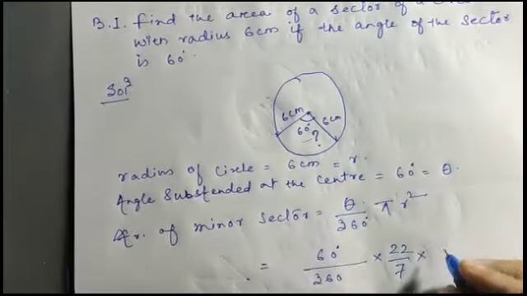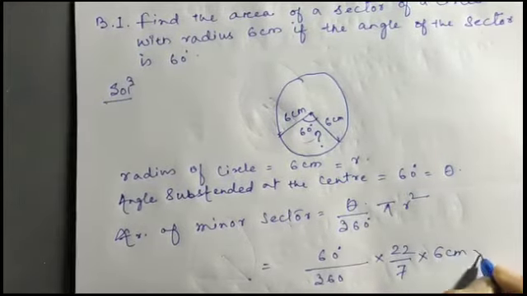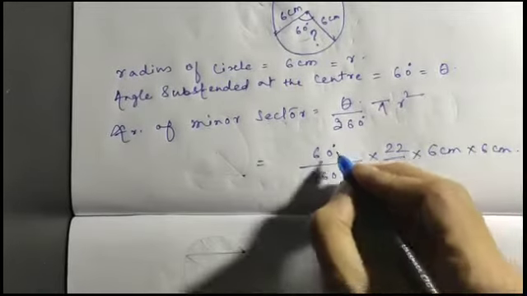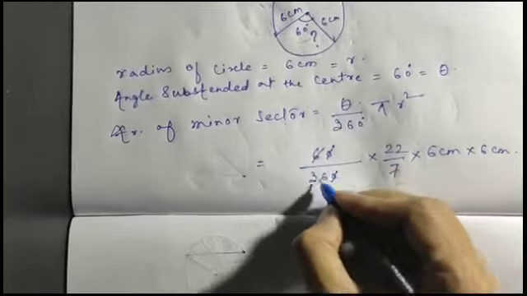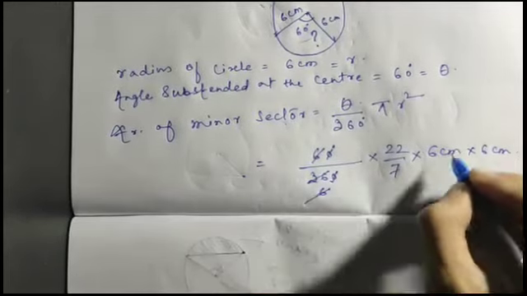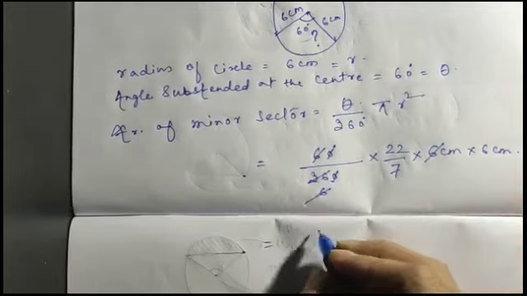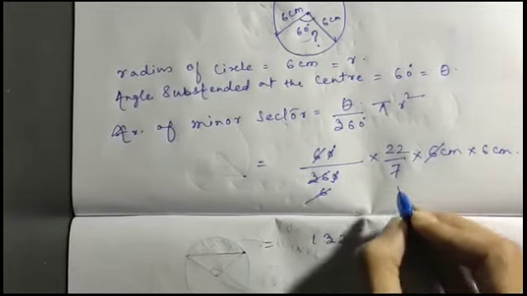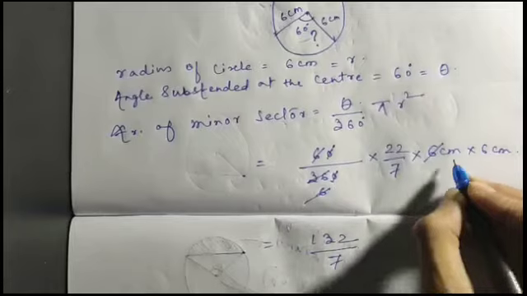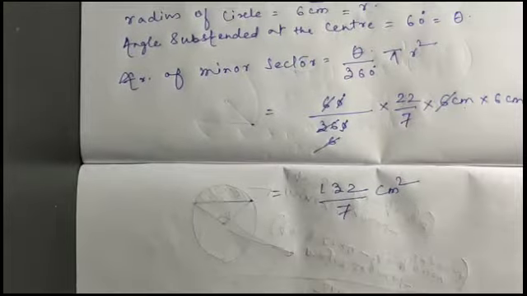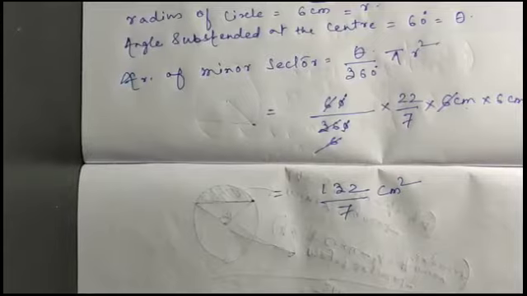Radius is given as 6 cm, so 6 cm into 6 cm. 0, 0 cancel, 6 sixes are 36, 6, 6 cancel, nothing is left. 22 into 6, 132 by 7 centimeter square. So in this way we find the sector asked in the question.